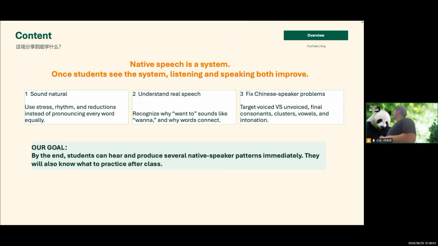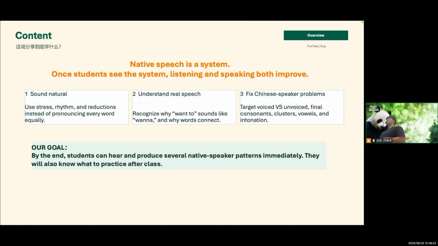Well, basically, when you are speaking English and your native language is Chinese, you have this pre-existing system, which is based on your native language, the system in your brain. Now, when you are speaking English, you don't have to sound exactly like a native speaker.